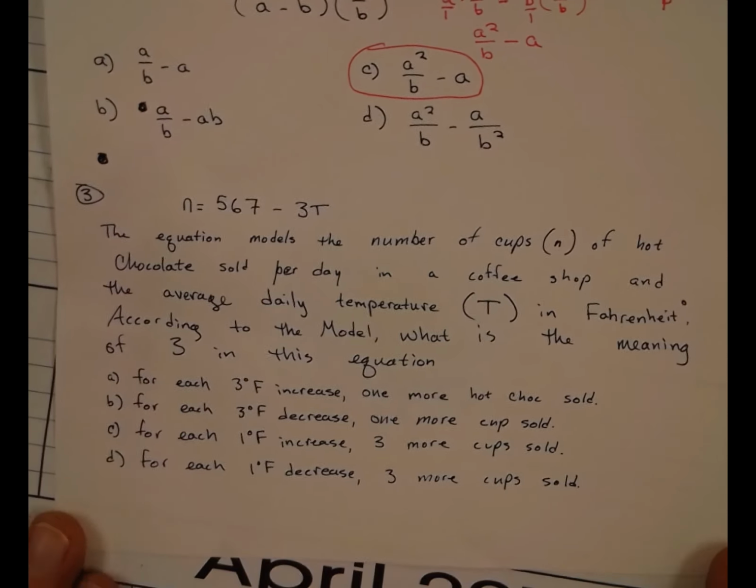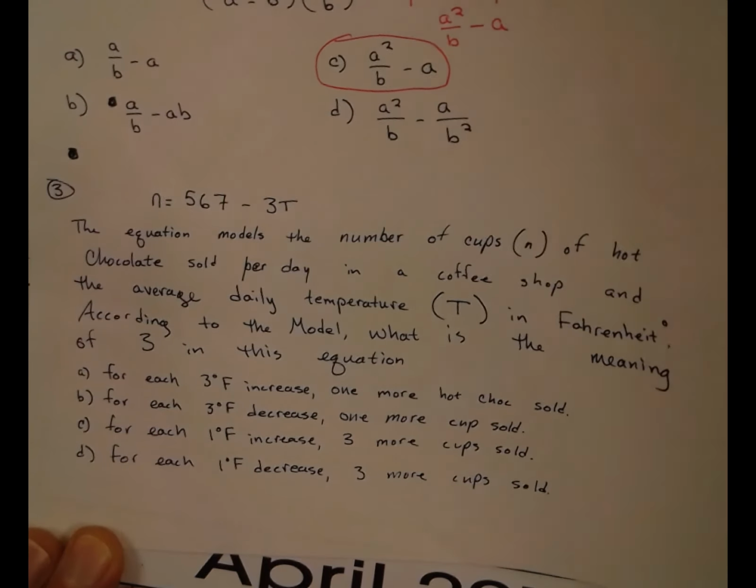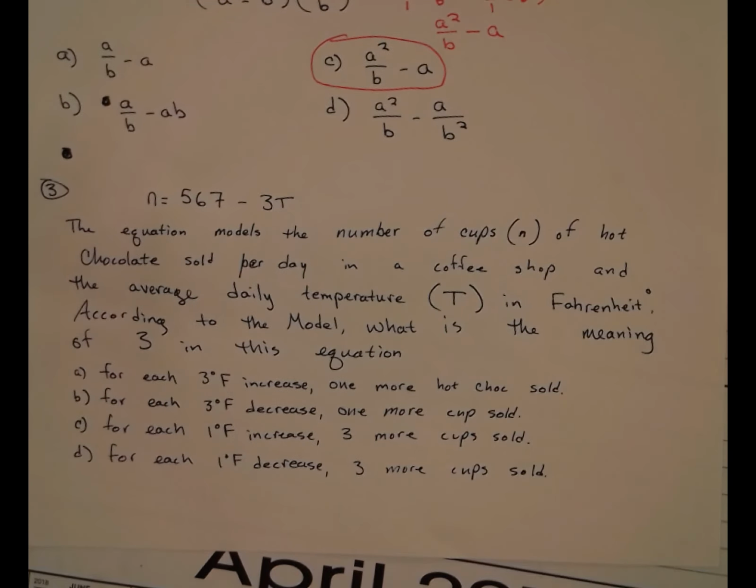This one is very, very similar to a question on the practice assessment. I changed the numbers a little bit, but pretty much copied the question word for word. Okay, so they give you some equation here that is modeling the number of cups of hot chocolate sold per day at a coffee shop, depending on the average temperature of that day.